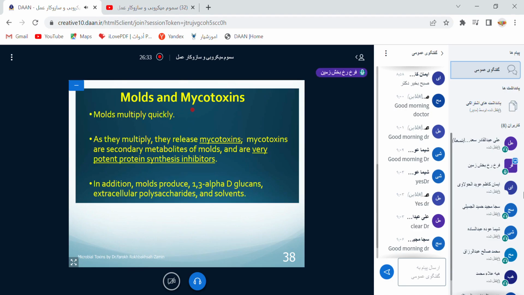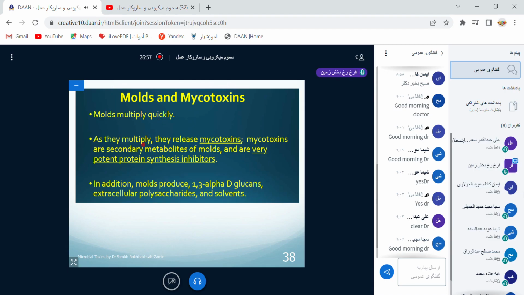Molds and mycotoxins. Molds multiply quickly. So if temperature is okay and humidity is okay, molds or fungi multiply quickly.